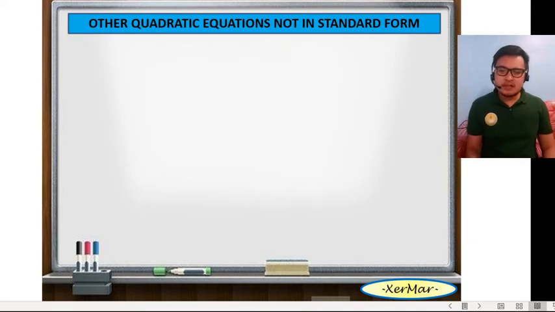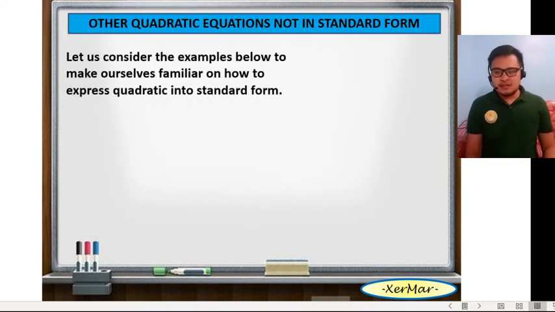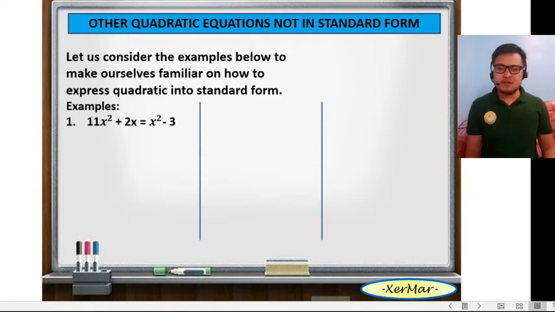We have the other quadratic equations not in standard form. Let us consider the examples below to make ourselves familiar with how to express a quadratic equation in standard form. Example number 1: 11x squared plus 2x equals x squared minus 3.